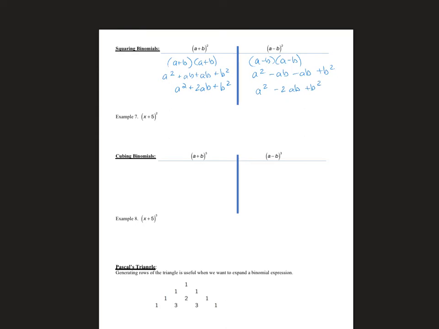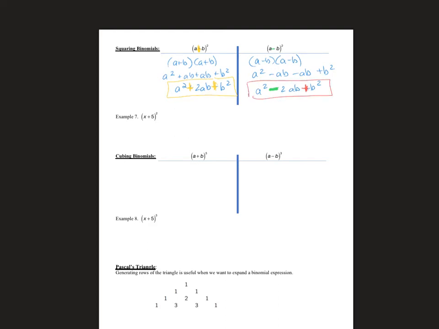So what I want you to notice is that if I have a sum, these are all positive. If I have a difference of two terms squared, then the first term is subtraction, the second one is addition. So notice the coefficients are the same.